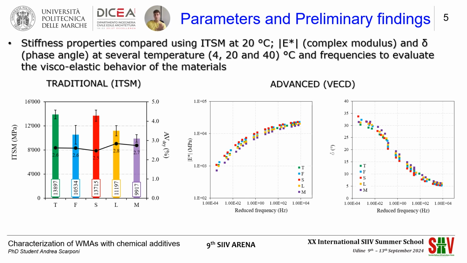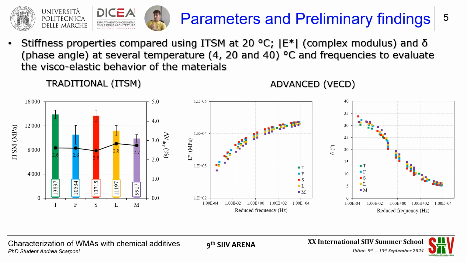By the graphs, we can show that there is a correspondence between the indirect tensile stiffness modulus and the complex modulus, because we can see 2 lower curves in the complex modulus graph, L and M, in accordance with the lower values of the traditional modulus in the first graph.